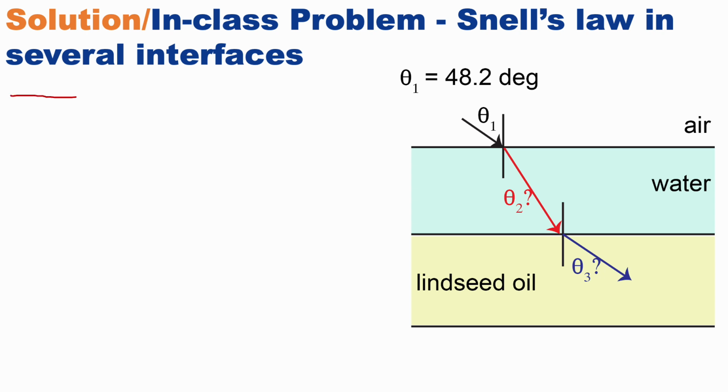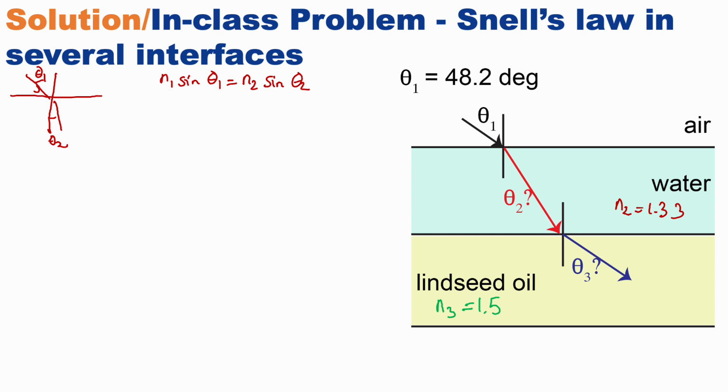So the first problem is gonna be, this is our normal, this is our θ1, and this is gonna be our θ2. So we're gonna say n1 sine θ1 is equal to n2 sine of θ2, and we know that the refractive index of the water is 1.33, and the refractive index of the oil is 1.5.